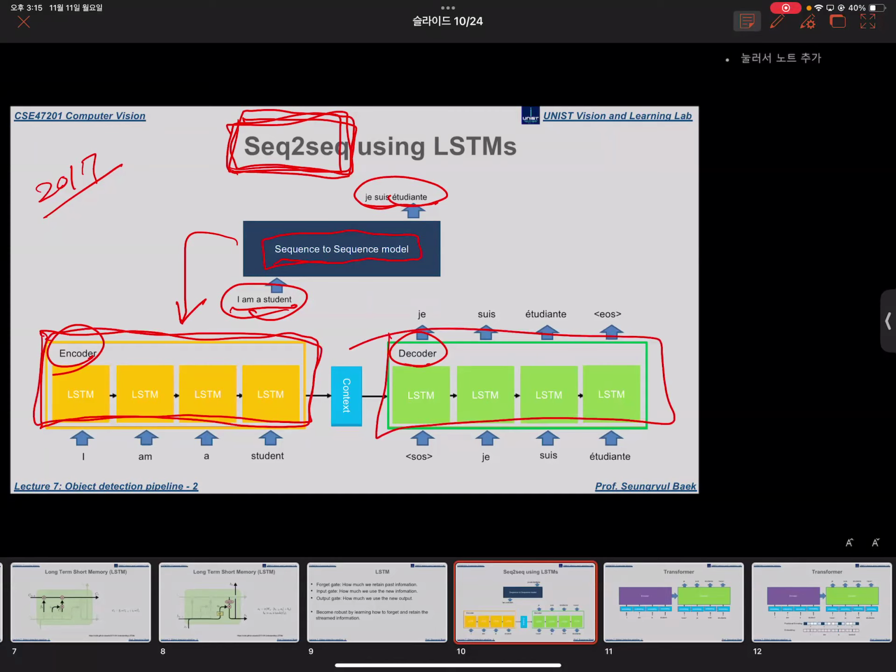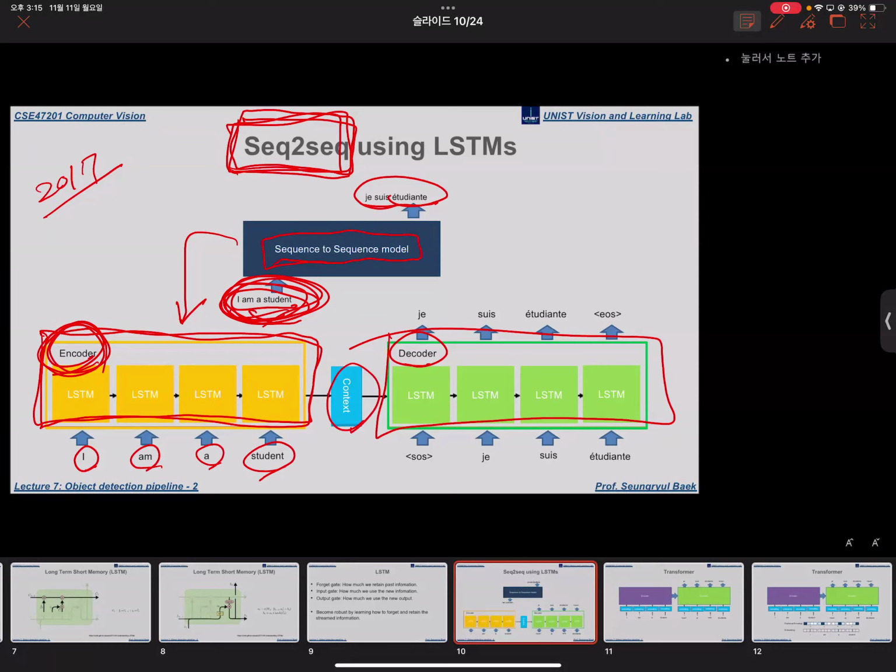And what they do in the encoder is encode the inputs as a feature. So we input the English sentence as the feature, right?